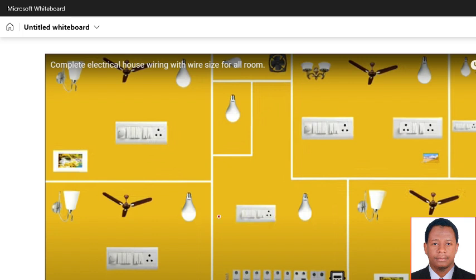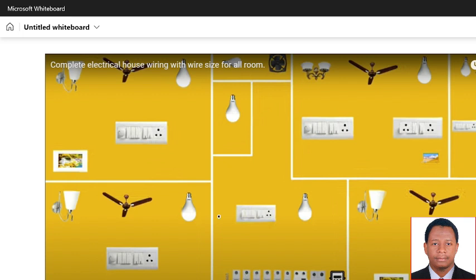The supply will come with the live, and we also have the neutral. The neutral will come from the supply. Also, the live will come in this part to the load, and the neutral will come also here from the load.